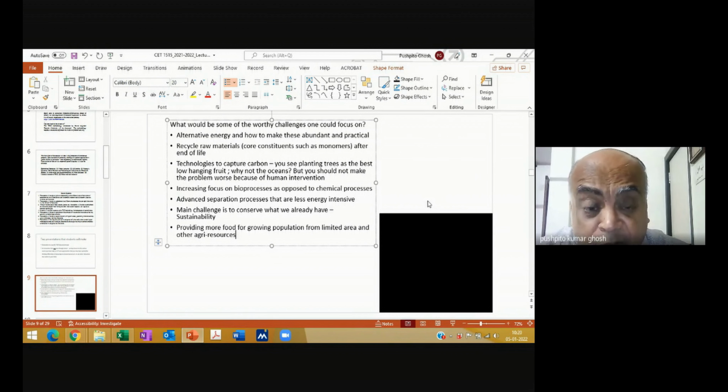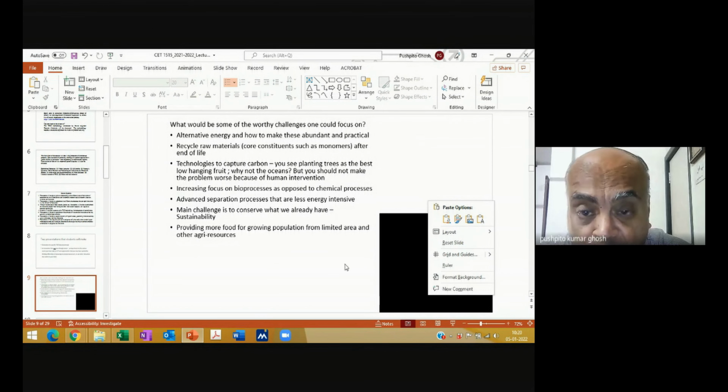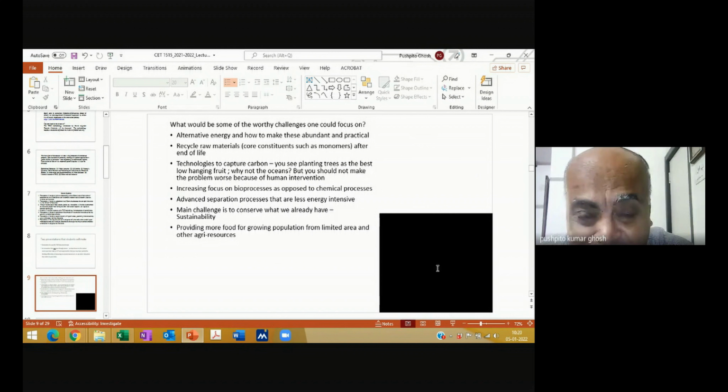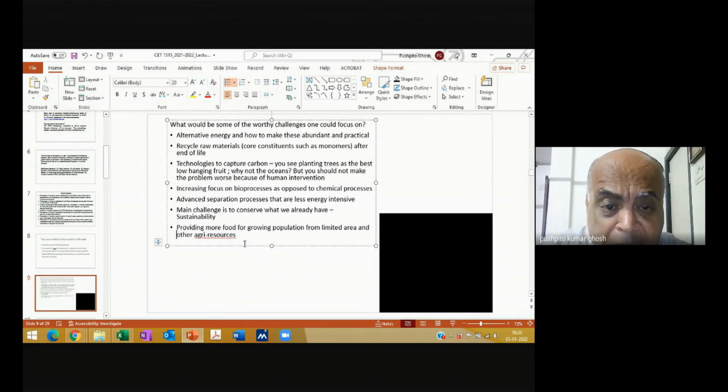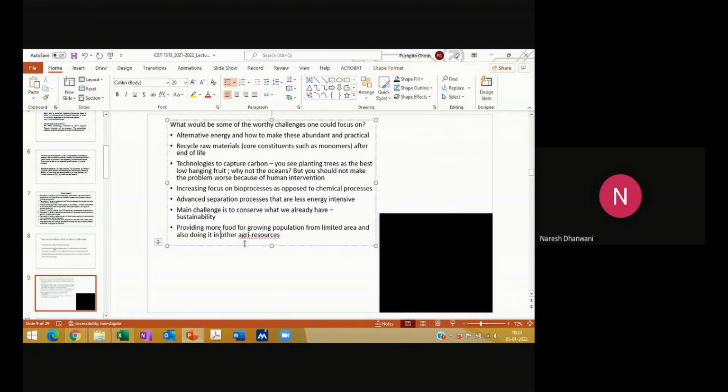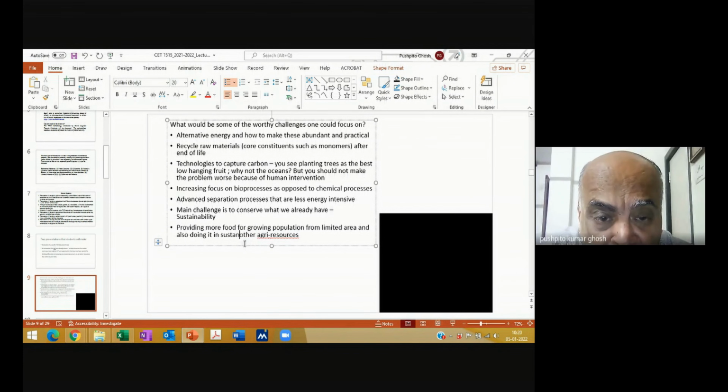Like for example, you need water, right? Yes, water or fertilizer, other pesticides. Okay, not only from limited area, but also let's put, and also doing it in a sustainable and eco-friendly manner, right?